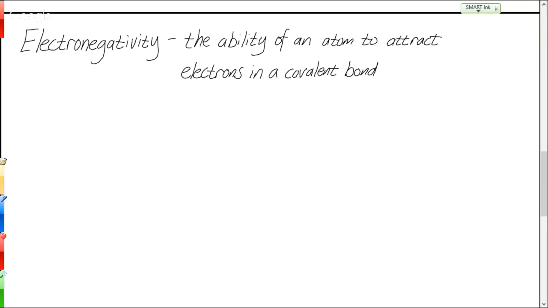So it's not just attracting electrons from the atmosphere or whatever. When it's bonded, if something has a high electronegativity, it's going to pull the electrons more toward it, leaving a more negative side and a more positive side.